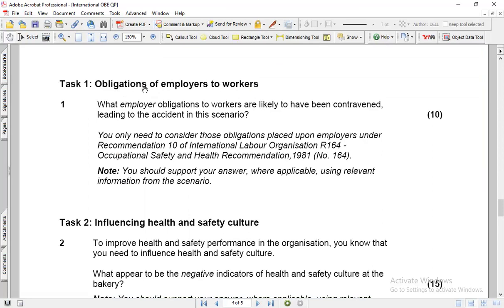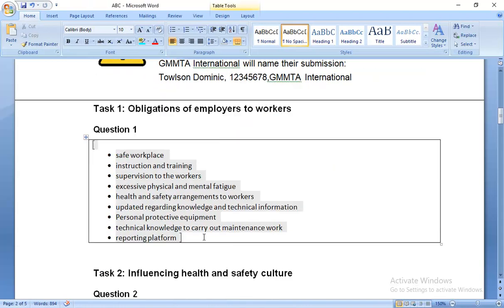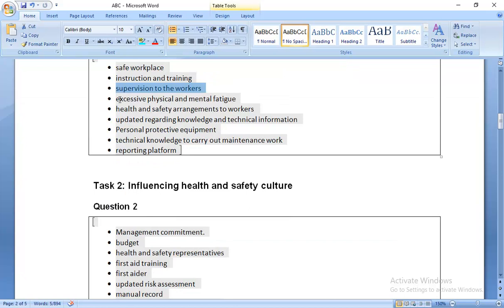In our first task, the obligation of employers to workers, we have to take details from R164, recommendation 10. Obligation of employers to workers. The employers are responsible to arrange a safe workplace, to provide training and instruction to workers, and supervision for the workers. They should avoid excessive physical and mental fatigue if it exists in the work.